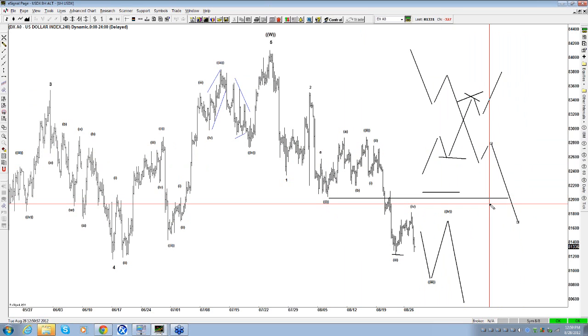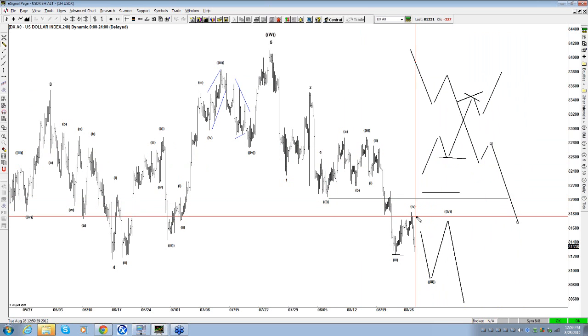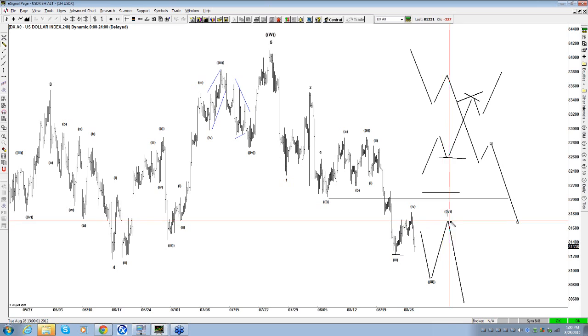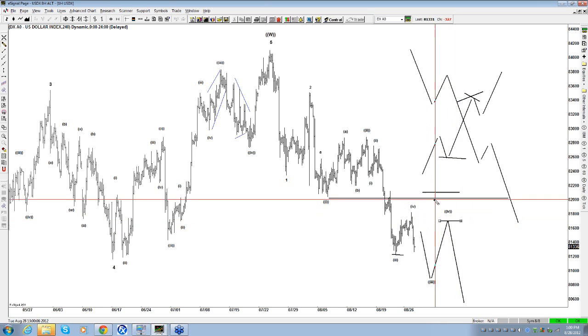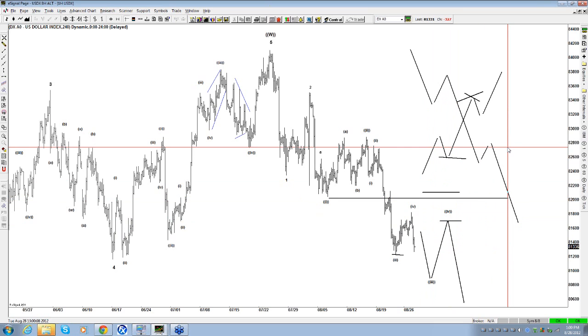This is the invalidation point. So if the dollar does this, I'm going to be a seller at the 3802 here with a minimum stop loss to the downside. So that's my humble opinion. I tend to believe that that is the case, and I think that that's the proper way.